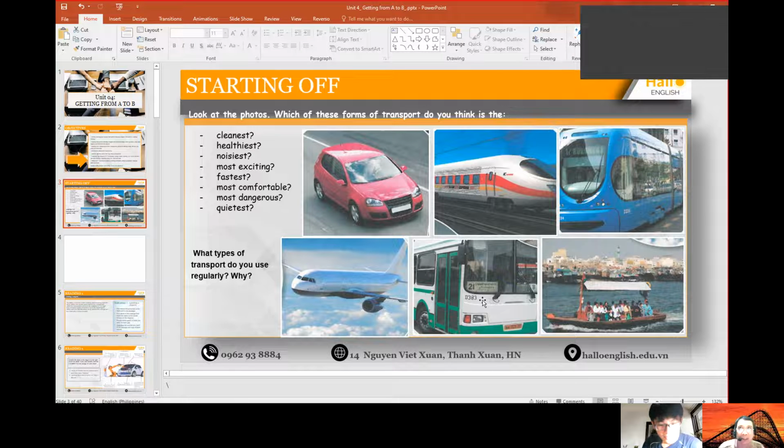The most famous means of transportation in here would be this one. If you are commuting, right? If you want to save gasoline for your car, you had better ride a bus.